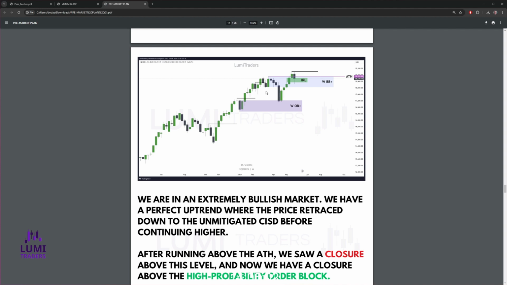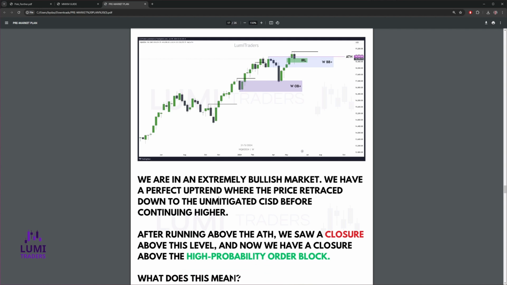And this means if people wanted to short because we formed a weekly order block, it's going to be a fake order block. Failed fake order block. Once we got the closure above this fake high probability order block, premium order block, we can consider this as high probability breaker block.